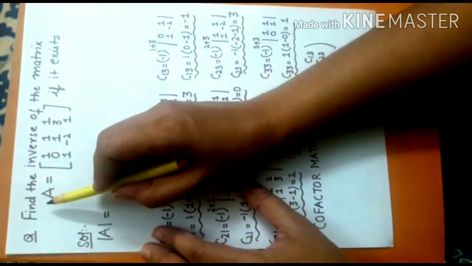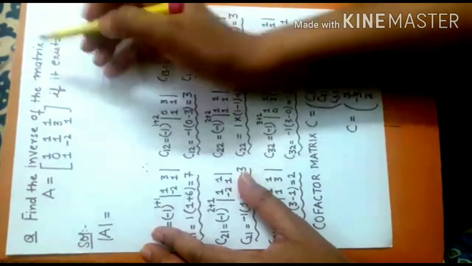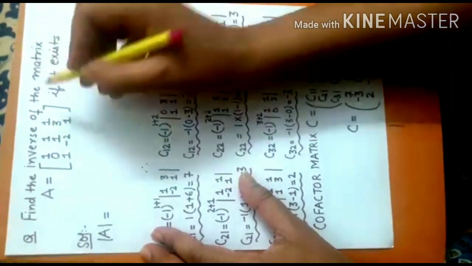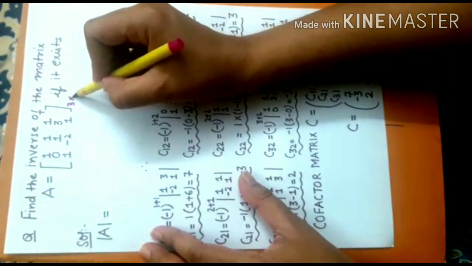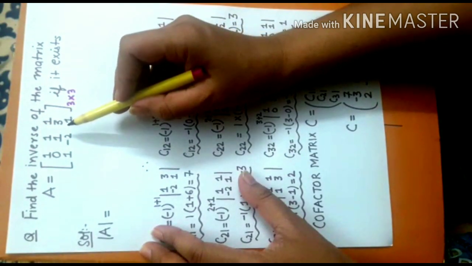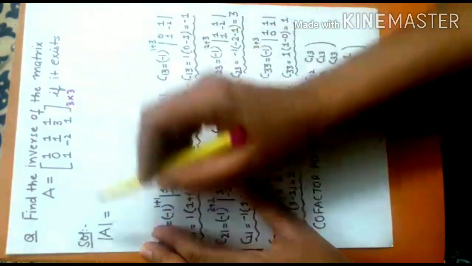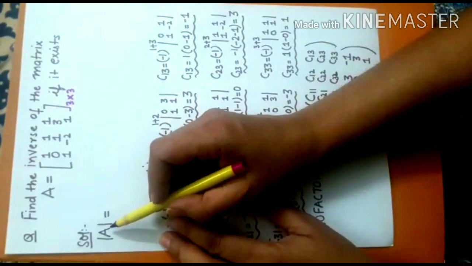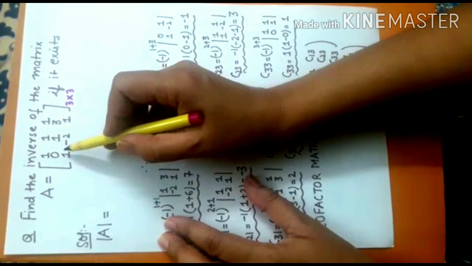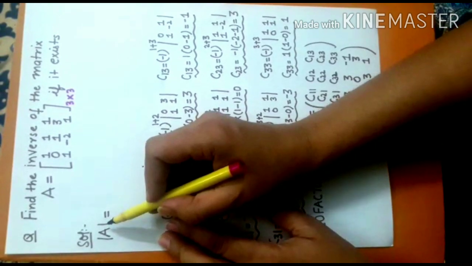Let's take another question. Find the inverse of the matrix A if it exists. It is a 3 by 3 order matrix. First we will find out whether A is invertible or not. For this we will compute the determinant of this matrix A. To calculate the determinant, I'll expand the determinant along the first row.